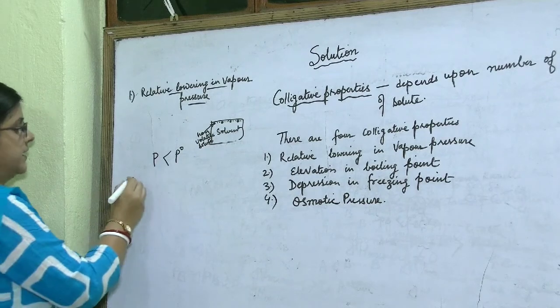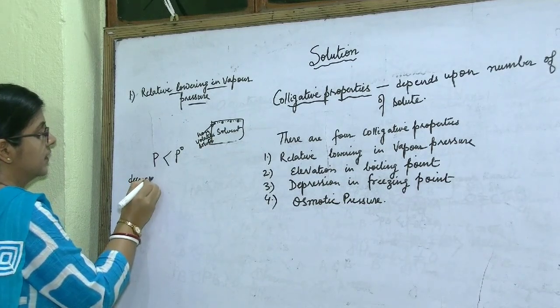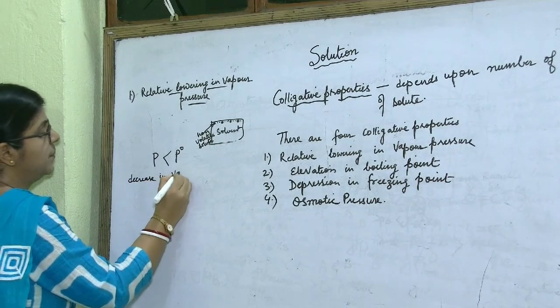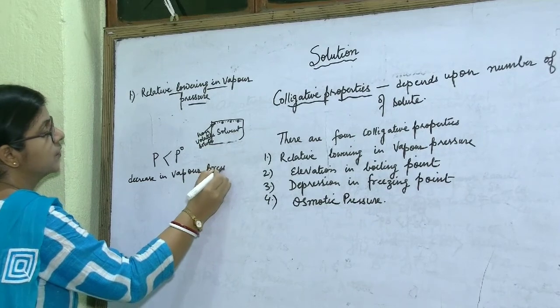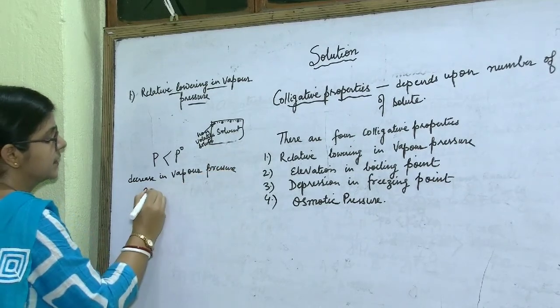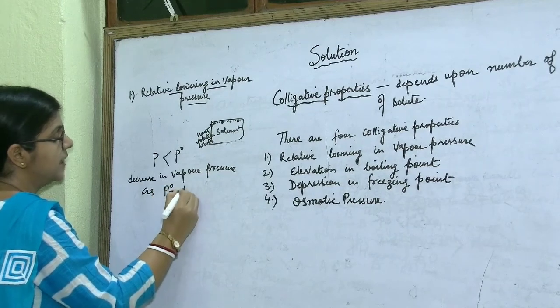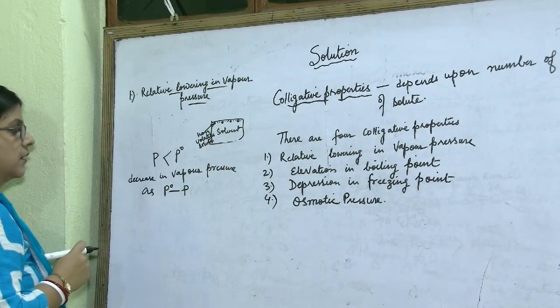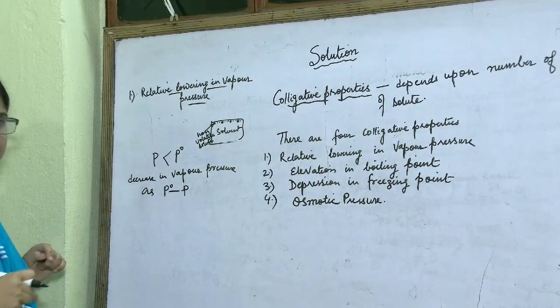So we can write the decrease in vapor pressure as P naught minus P.